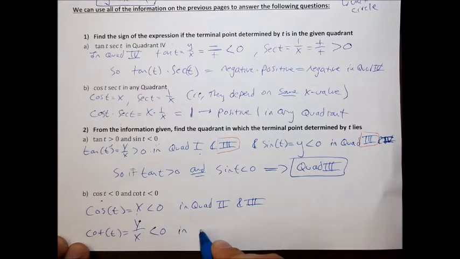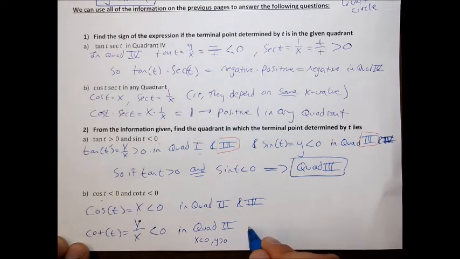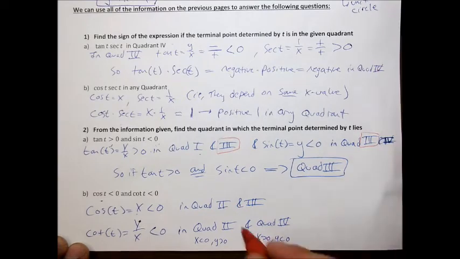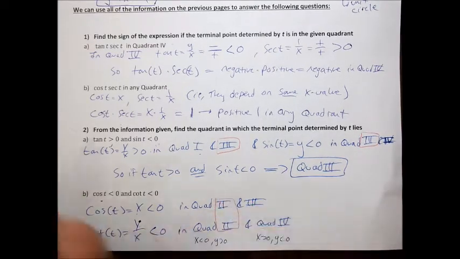And so that happens in quadrant 2. Right? In quadrant 2, x is negative and y is positive. And quadrant 4. Because in quadrant 4, x is positive and y is negative. And so again, if we want both of these things to be true, we need to take the ones that are in common, and what's in common is quadrant 2.